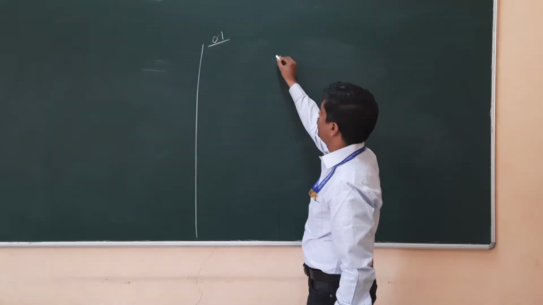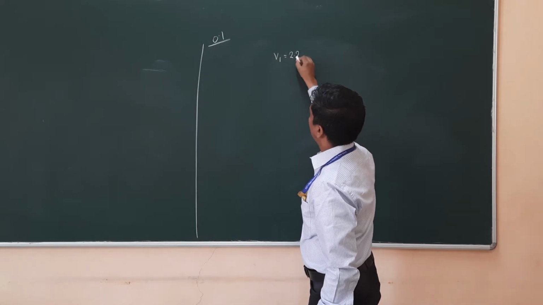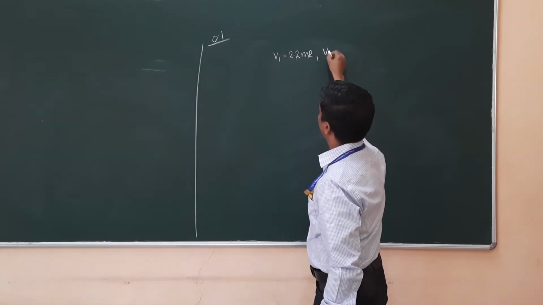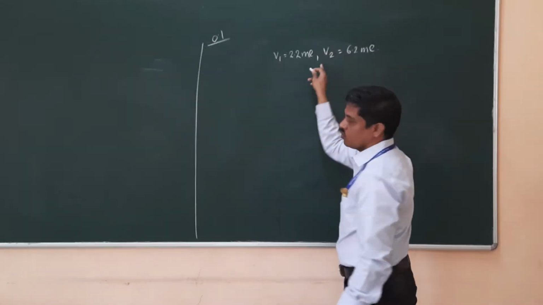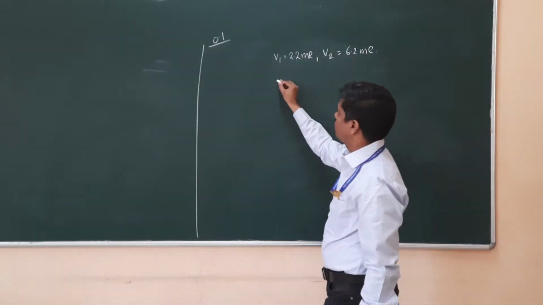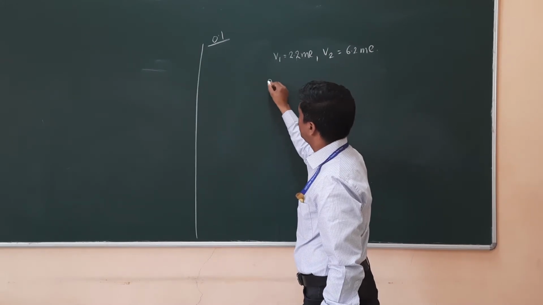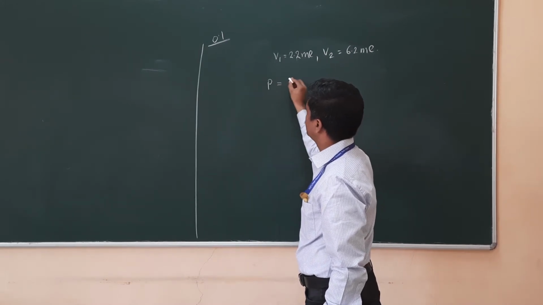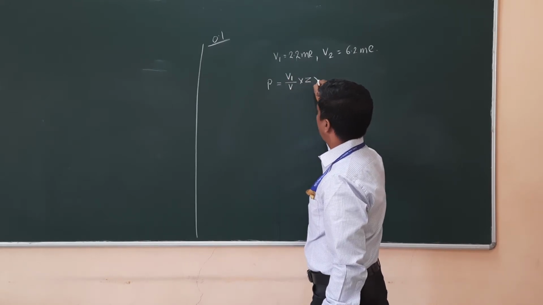So we know the burette readings: first burette reading is 2.2 ml and second burette reading V2 is 6.2 ml. By taking these values we can do the calculation. So first, you know the formula of phenolphthalein alkalinity. P is equal to V1 upon V into N into 50 into 1000.